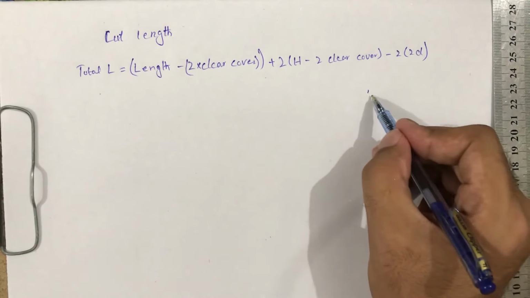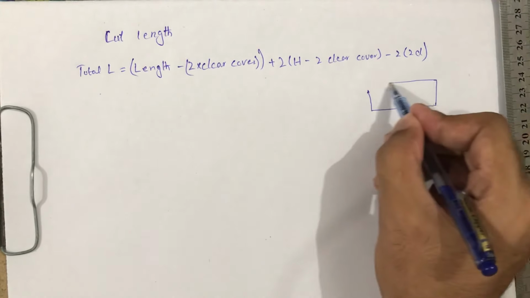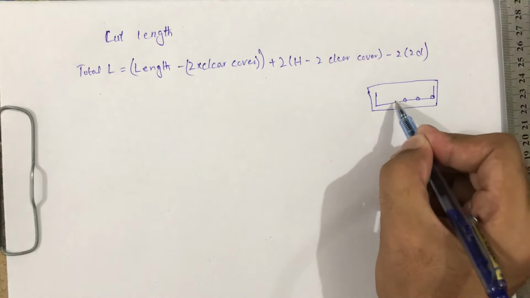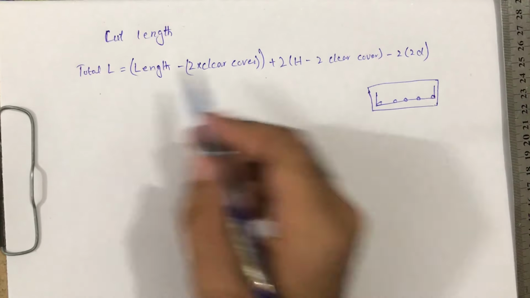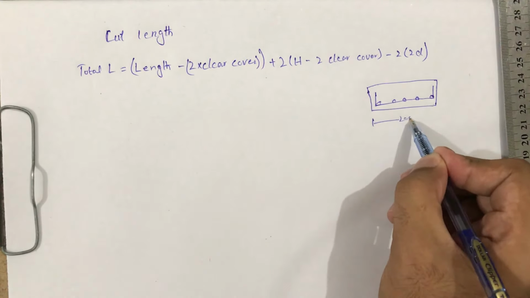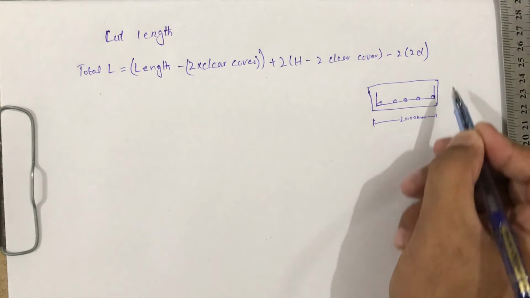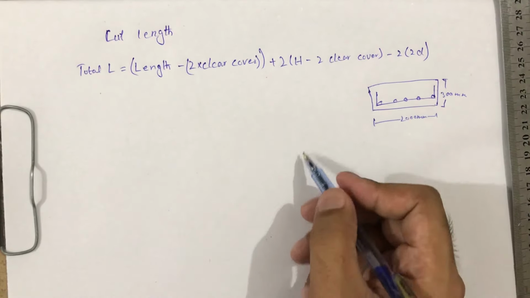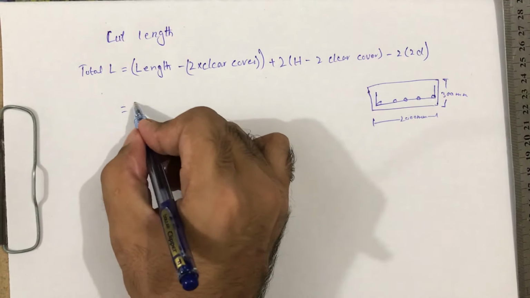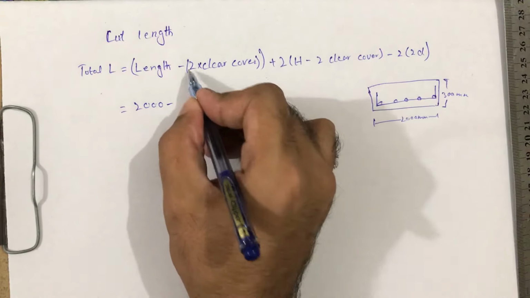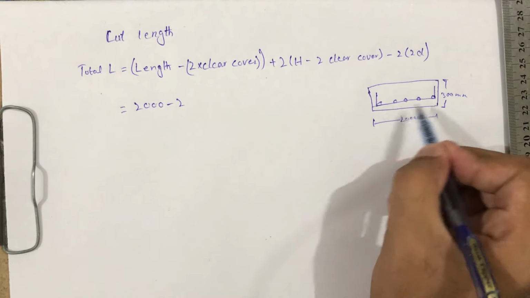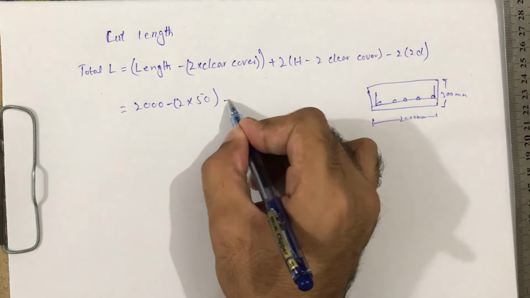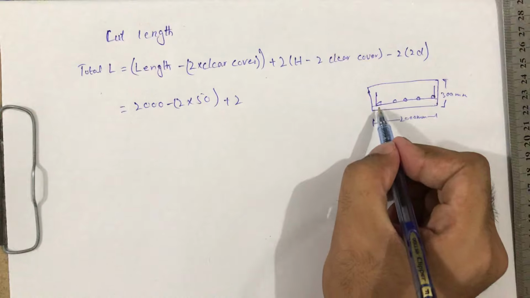So first let me draw the diagram. These are the bars. So the total length is 2000 mm and the height is 300 mm. So we know the length, which is 2000 minus 2 into clear cover, 50, so multiply 50, plus 2 H. H is the height.